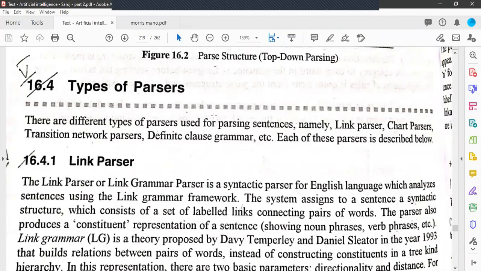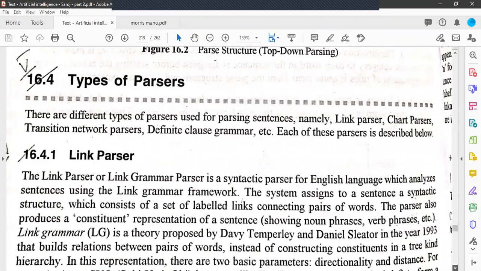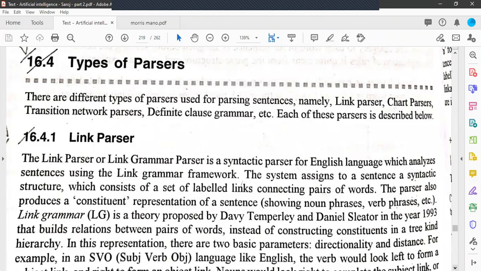Now we'll look at the types of parsers. There are various types of parsers that are used to parse a sentence to determine whether it follows the correct structure of a given language or not.